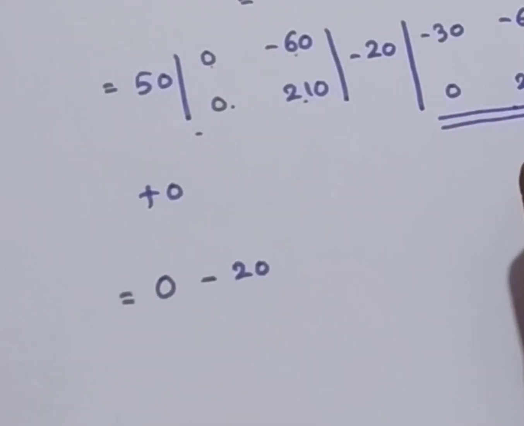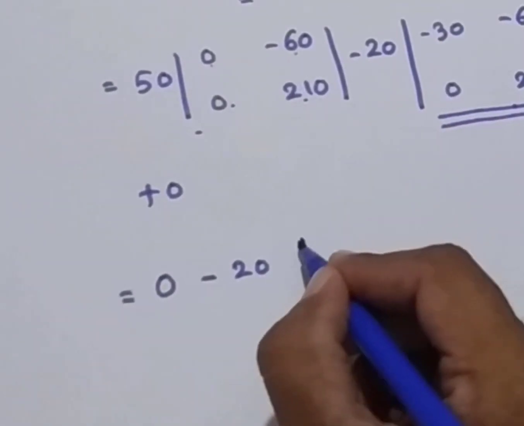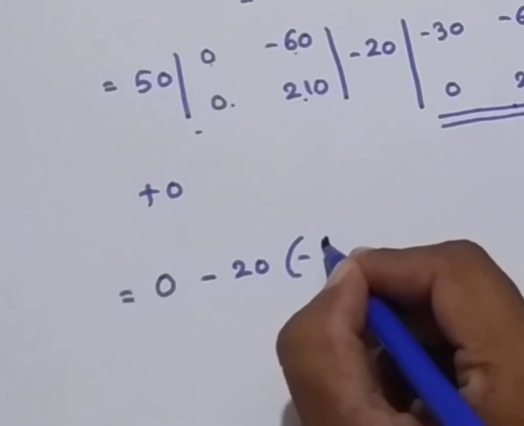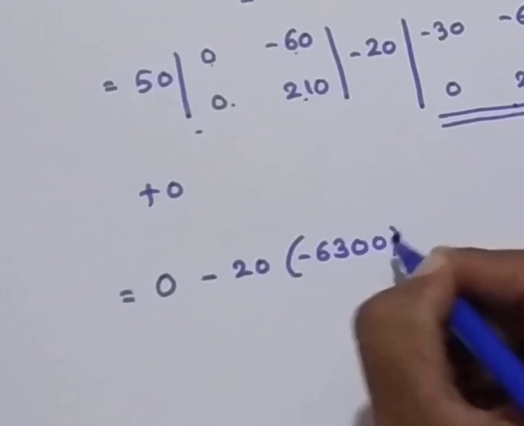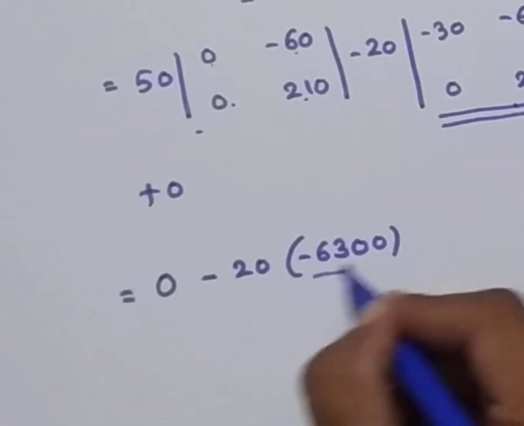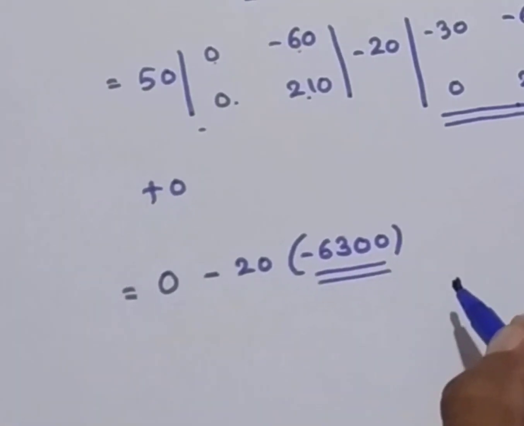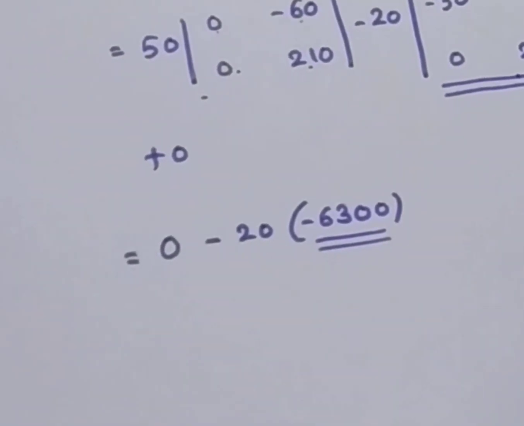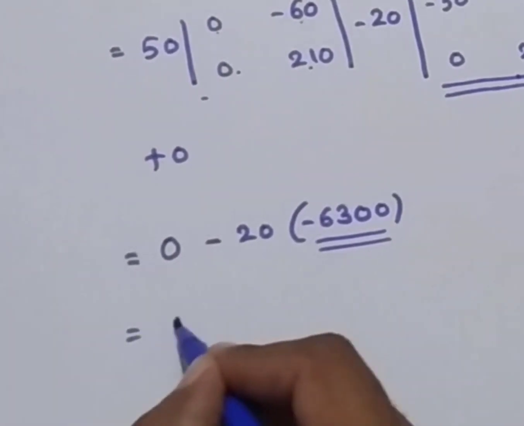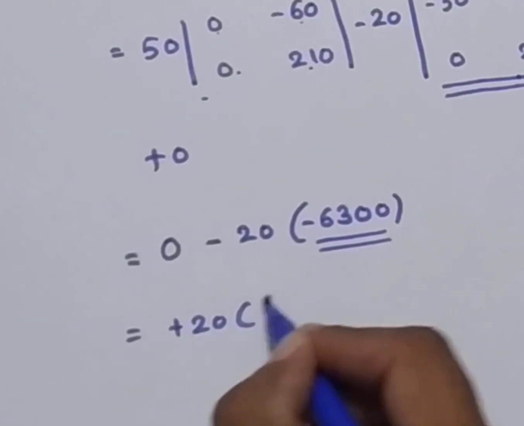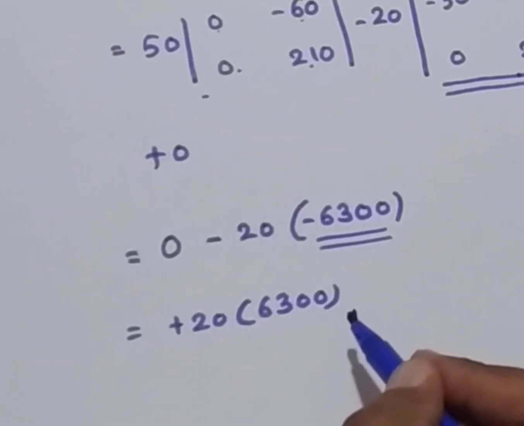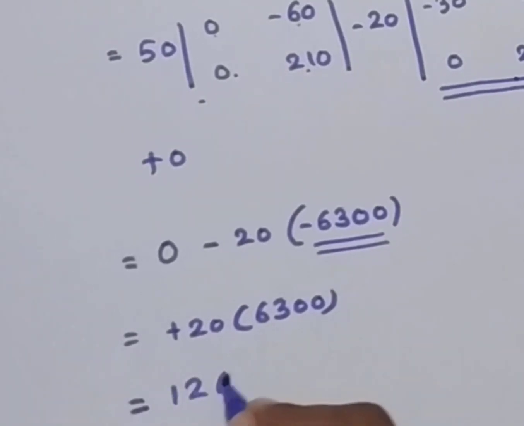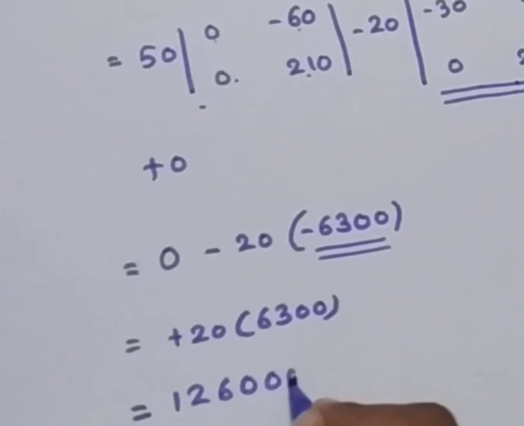That resulted as minus 6300. Okay, fine. This we have taken directly from delta. So minus is going to become plus 20 into 6300, and this calculation results in 126000.